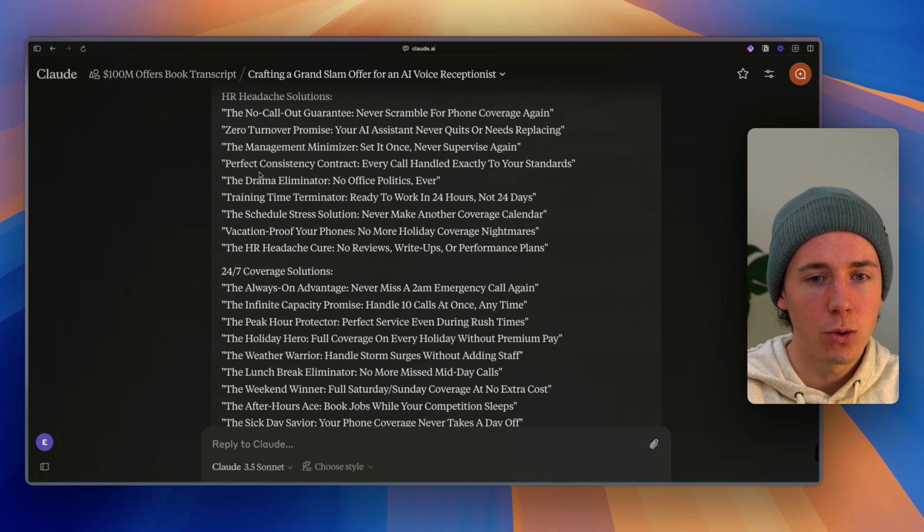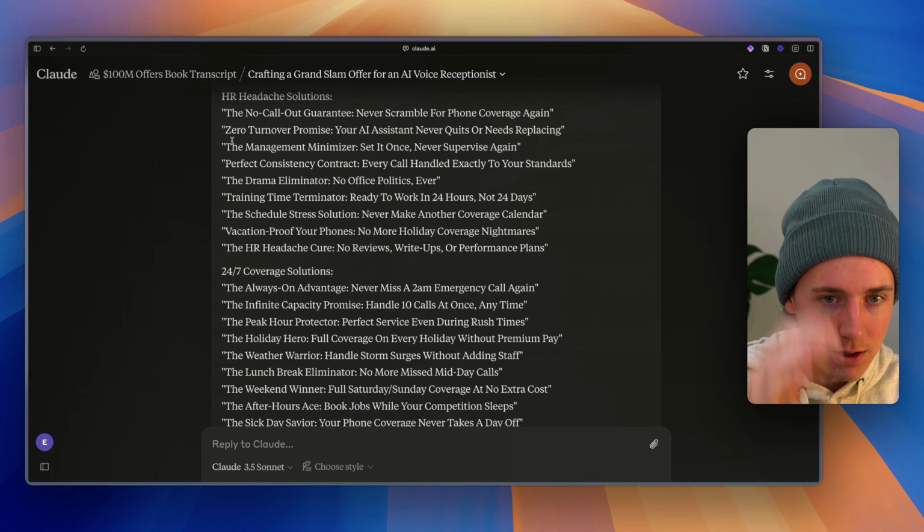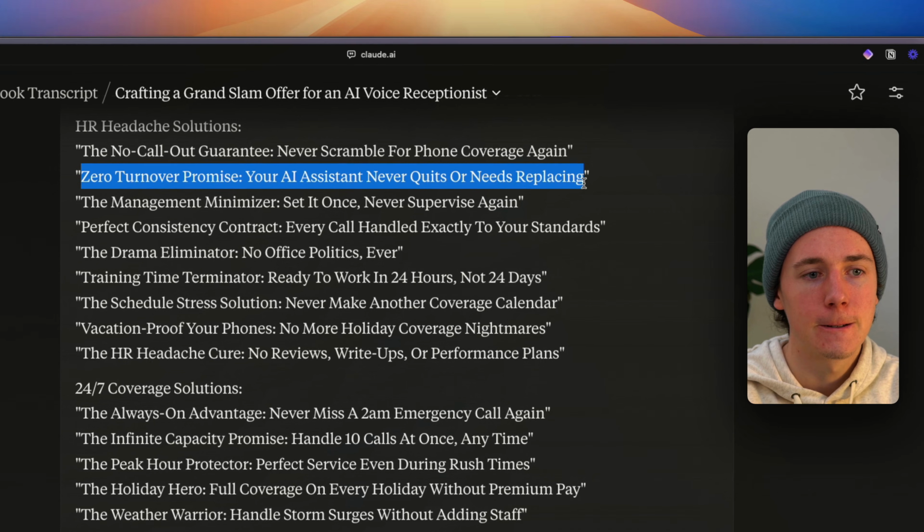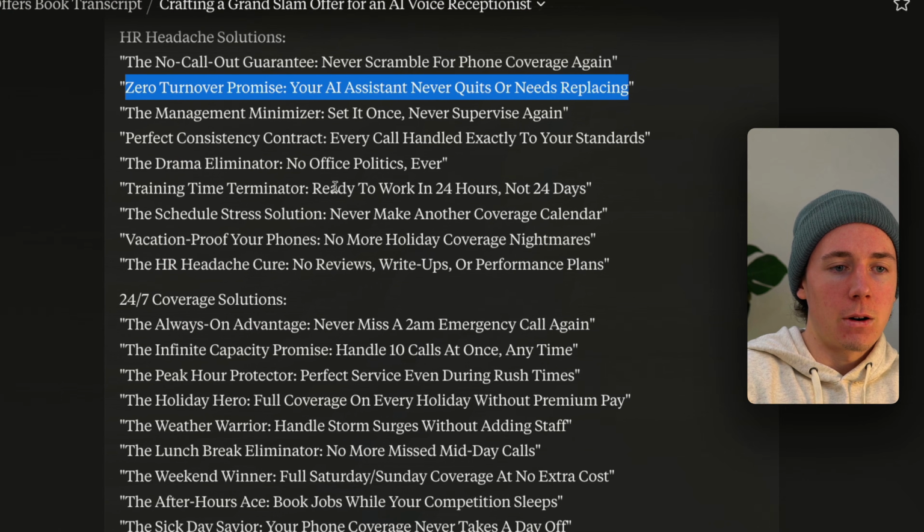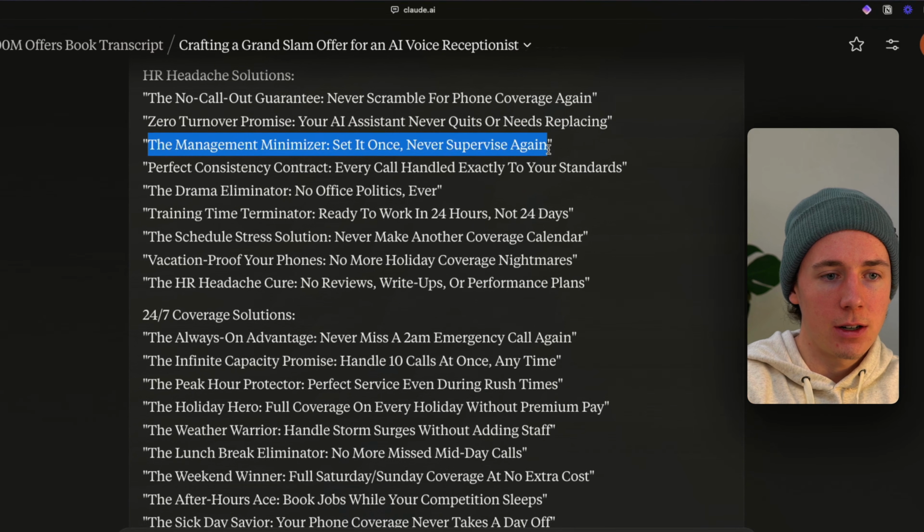Your AI assistant never quits or needs replacing. Set it once, never supervise again.